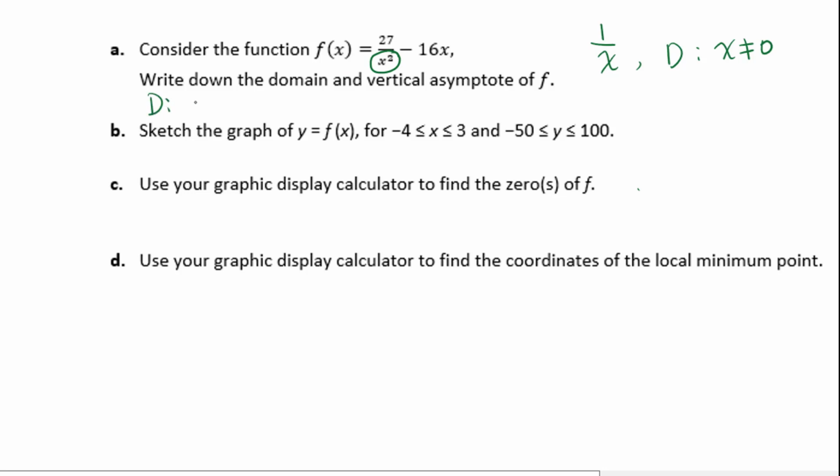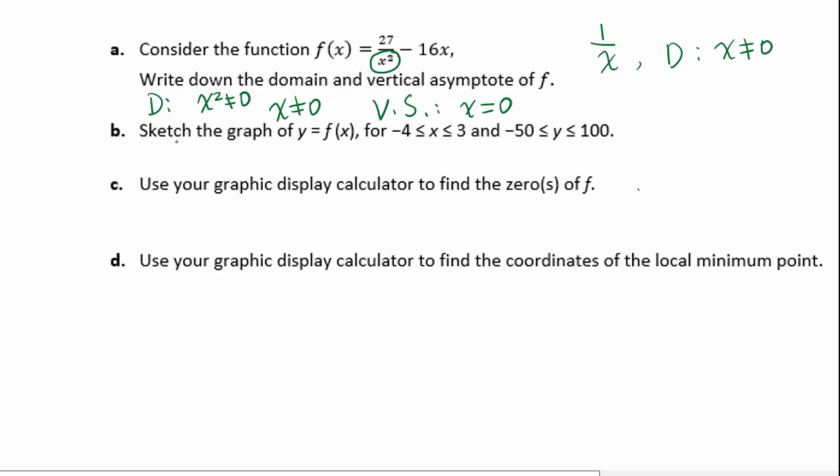Therefore, for the domain we set up x squared not equal to 0. Square root both sides, we get x not equal to 0. Then the vertical asymptote line will be x equals 0.